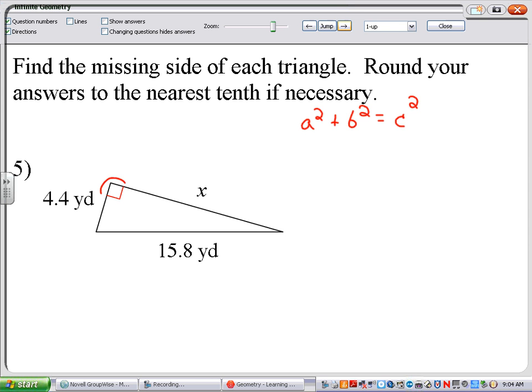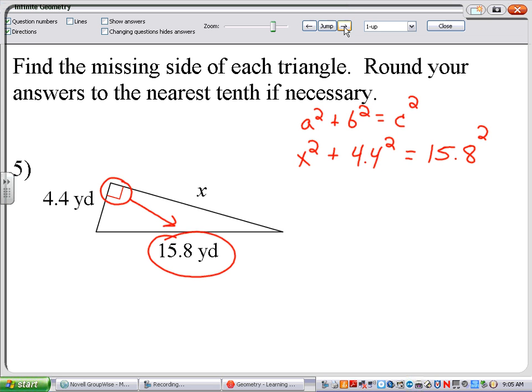Well, I like to find the right angle and look directly across. So the 15.8 is the c. The a and the b don't matter. So I'm going to write this in this order. X squared plus 4.4 squared, that's my a and the b, equals 15.8 squared.